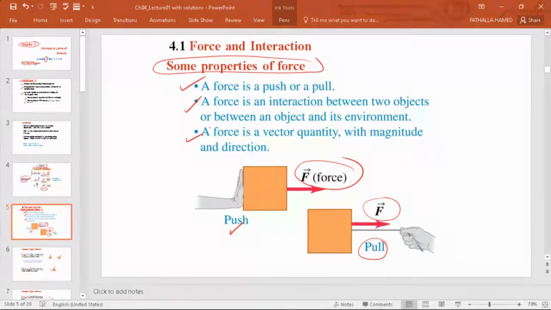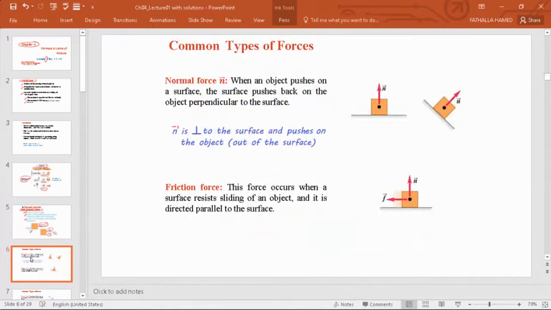So these are basic properties when it comes to a force. So we talked about a force is a pull or a push. We talked about contact forces, field forces, and the force usually is an interaction between two objects or an object with its environment.